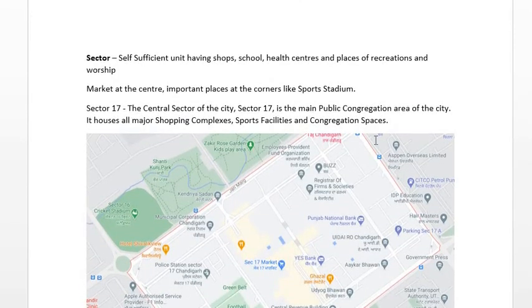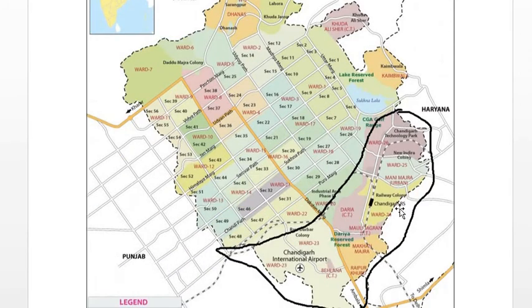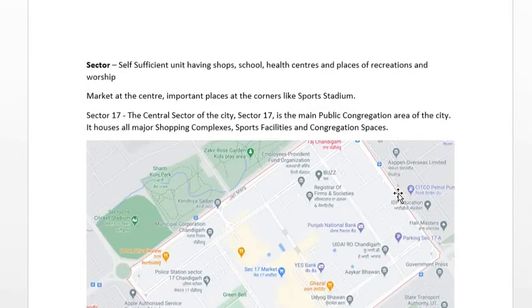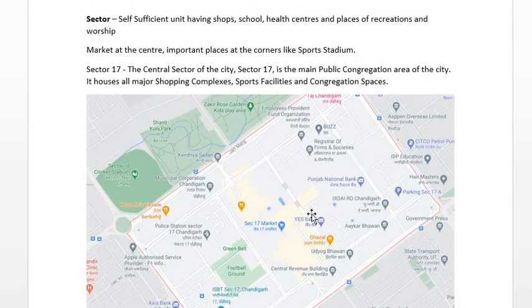And yeah, these were the structural representation of the human body: the head, the heart, the circulation of blood, the lungs, and the viscera. Now coming over to the individual sector. So sector is the self-sufficient unit having the shops, schools, health centers, and places of recreation, and also religious institutions for worship.